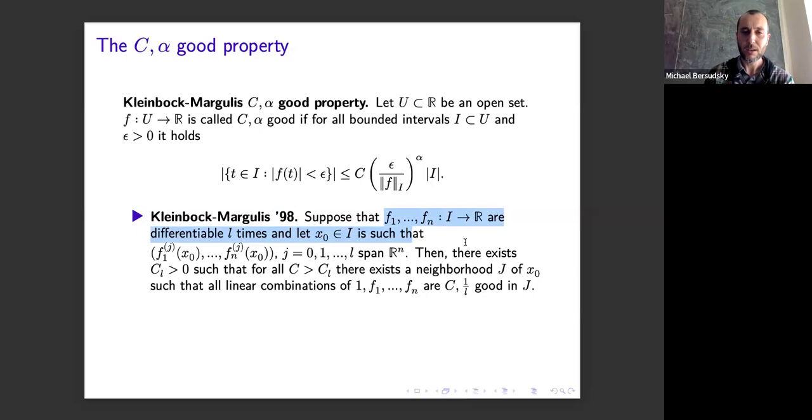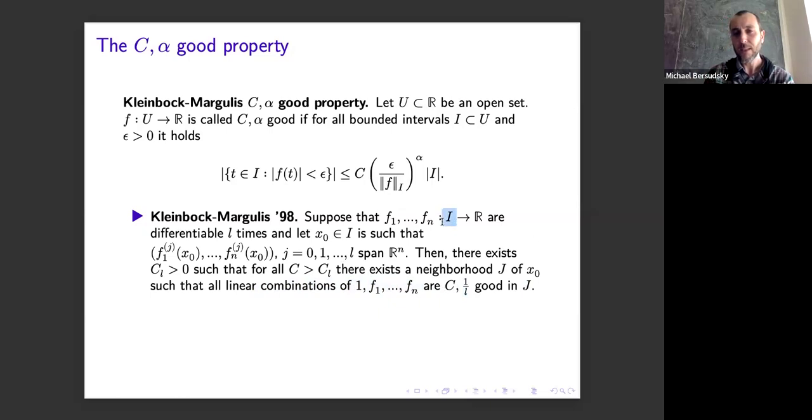If you take L times differentiable functions, and you take a point in the interval such that the vectors composed of jth derivatives from 0 up to L span R^n, then there exists a C such that all linear combinations are C, 1 over L good in J. And this is important here: J is some sub-interval.